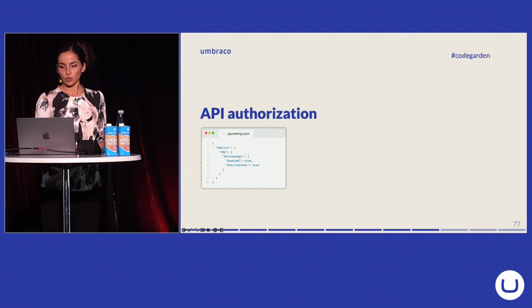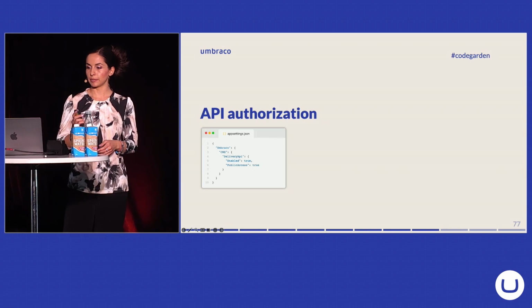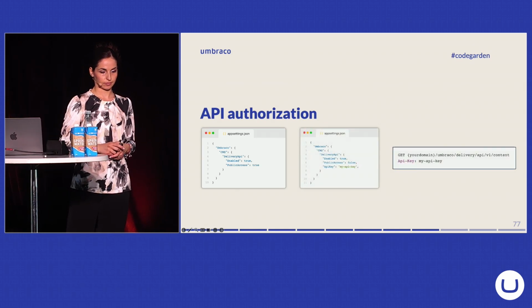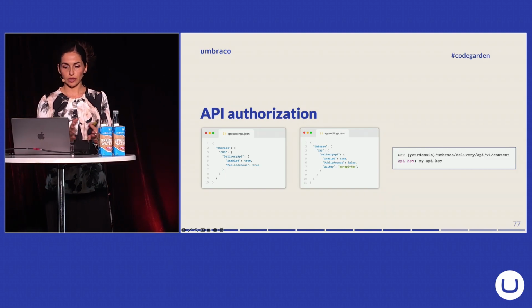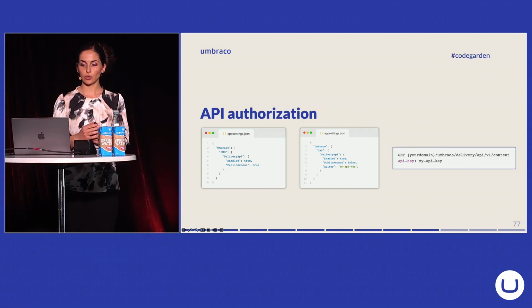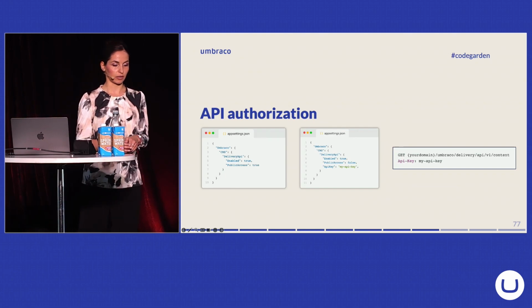So when we set it to false, the access to the API would require an API key. So once we have configured our API key, to access any content through the API, we need to apply the API key header.